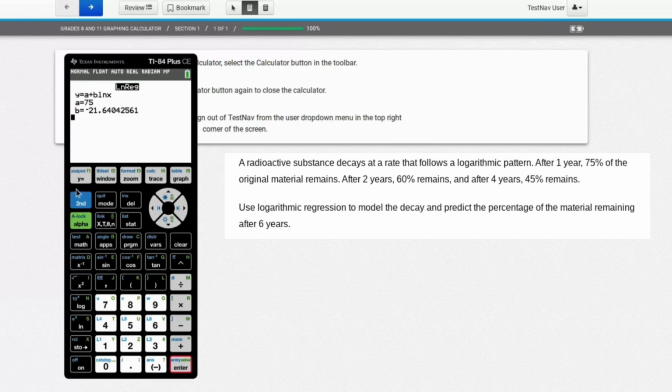That's our equation. So then let's go to my graph. Don't see anything. That plus 75 would probably be the reason why. And then hit second calc, value, plug in 6, and we get 36.226. So that'll be 36.226%.